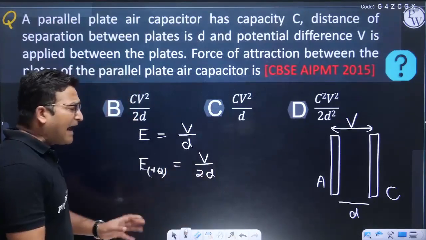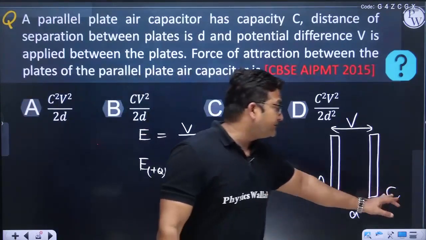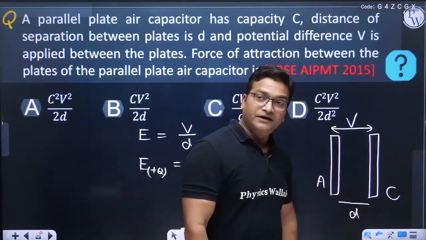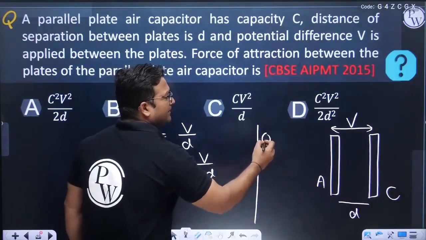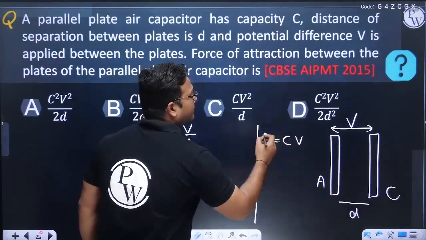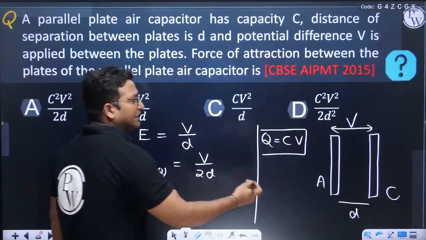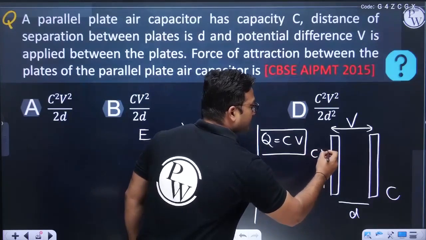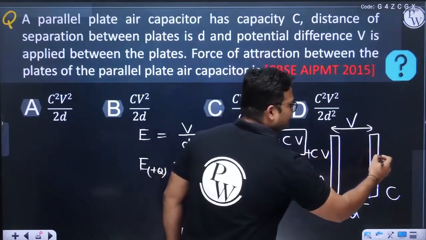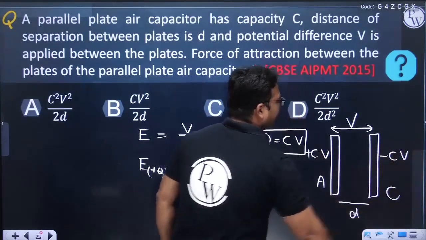And as the capacitance is C and the voltage is V, as you know, the charge on the capacitor is equal to CV by definition. So the positive charge plate will have a charge plus CV, and the negative charge plate will have a charge minus CV.